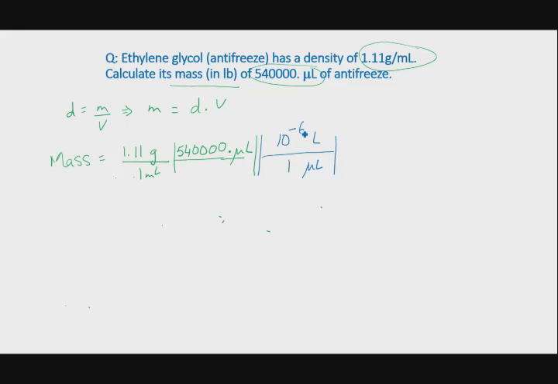If you do it in this way, microliters cross out. And then of course liters can be converted into milliliters, because 1 milliliter equals 10 raised to minus 3 liters. Liters and liters cross out. And of course milliliters and milliliters cross out too, leaving behind grams.